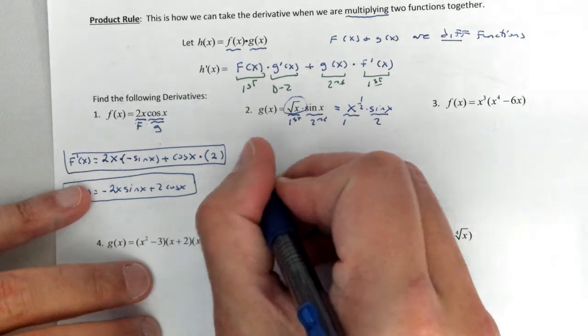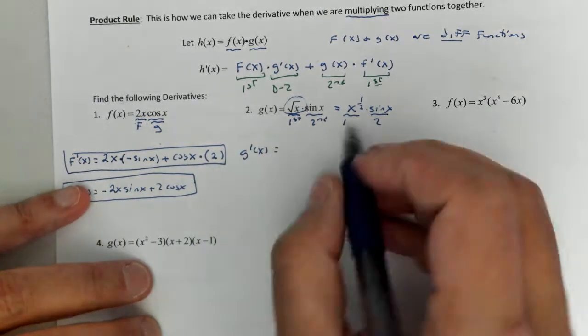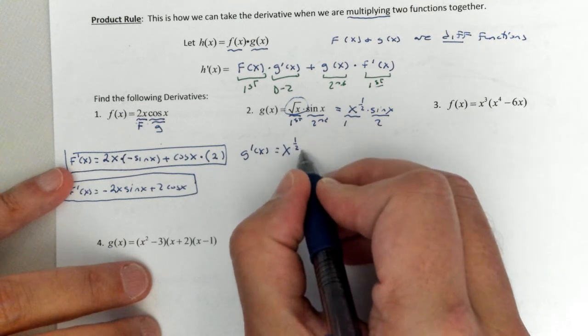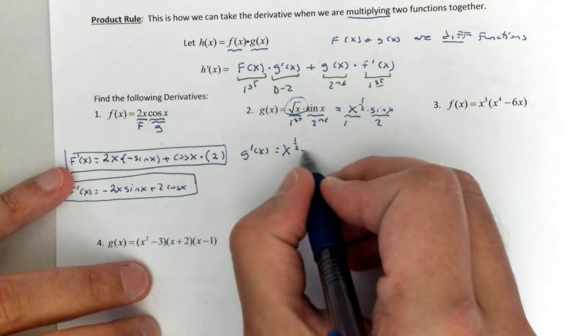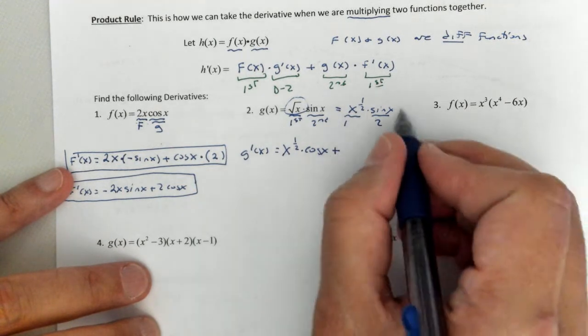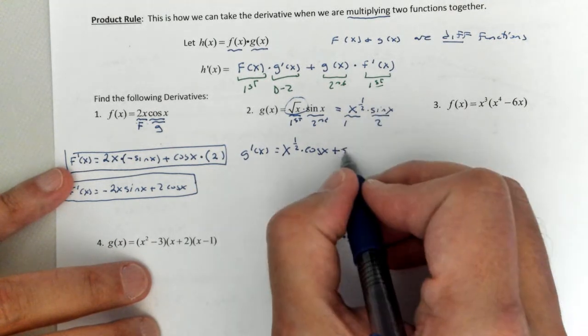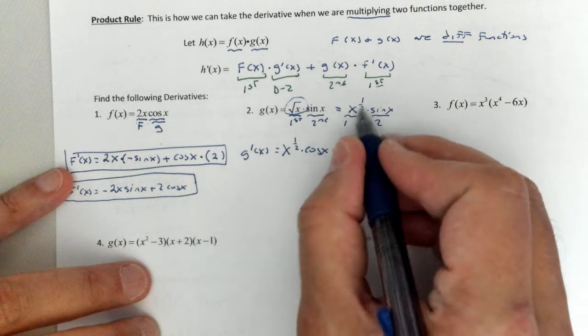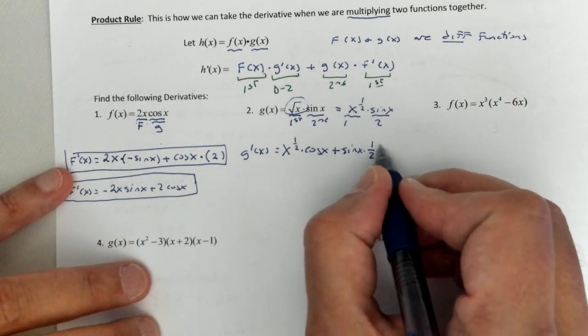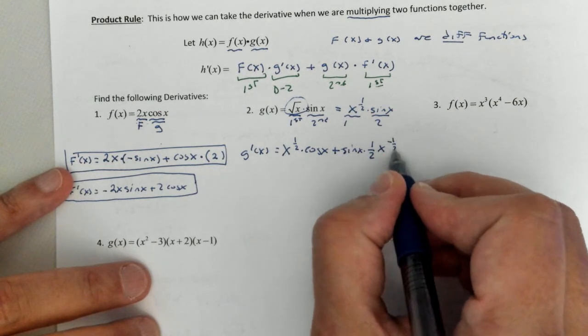When we apply our rule, g prime of x, we're going to take the first, x to the 1/2 times the derivative of sine, which is cosine of x, plus take the second function, which is our sine of x, multiply that by the derivative of the first. Be very careful. This is 1/2 x to the negative 1/2.